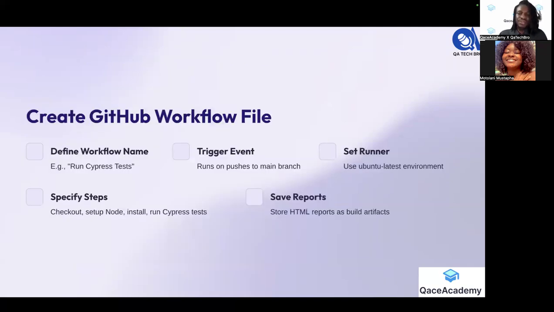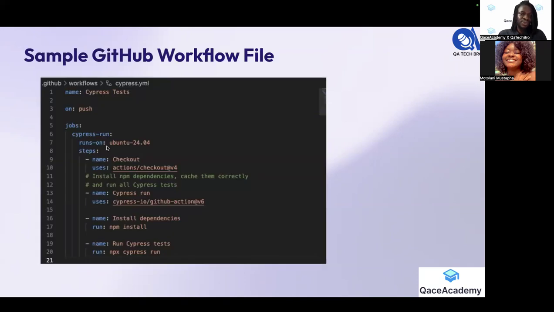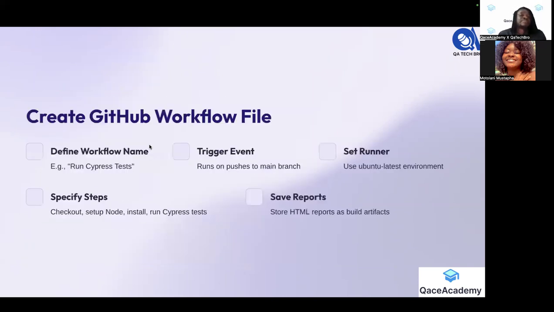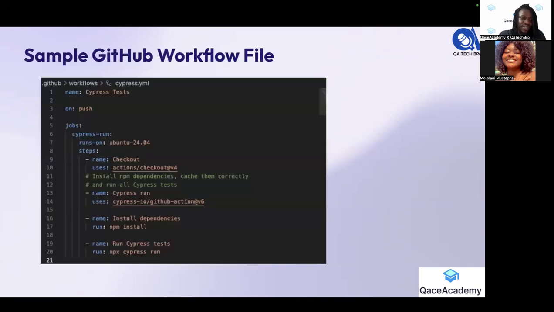Then we set the runner. This is the environment where our test is going to run. You can see we've set it to run on Ubuntu 24.04. Then specify steps. There is a series of steps you can specify in your workflow file. As you can see here, we have steps. The first step is the checkout.